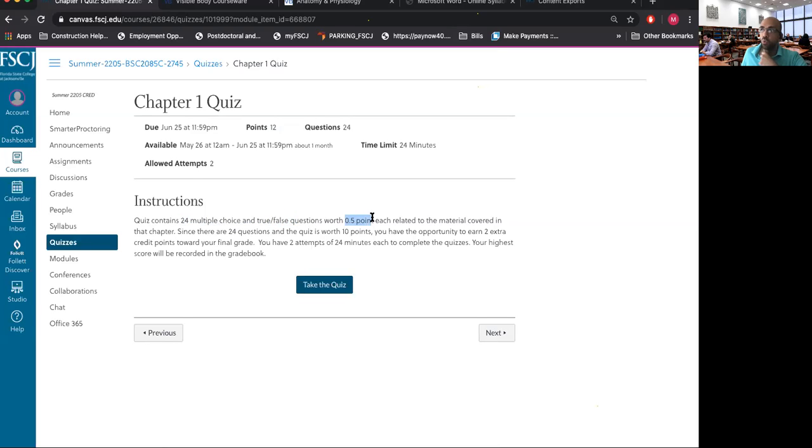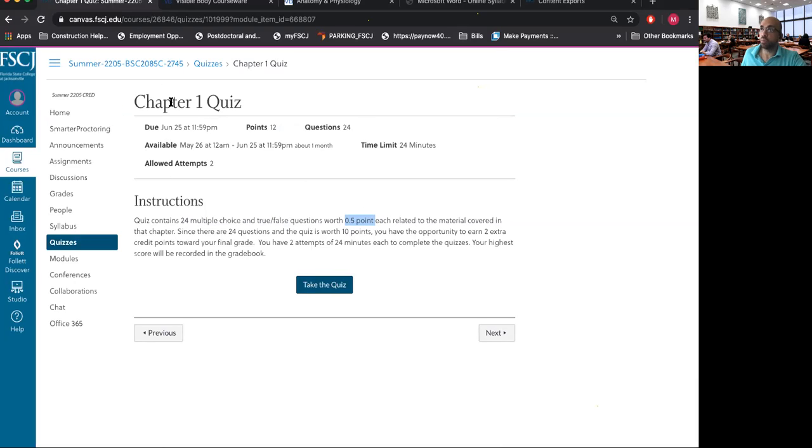Each one is going to be worth half a point. This will make a total of 12 points, but at the end it will be graded out of 10 points, just 10 points for each of those chapter quizzes. So this means that you've got 2 extra credit points that you can get by completing the chapter quizzes.